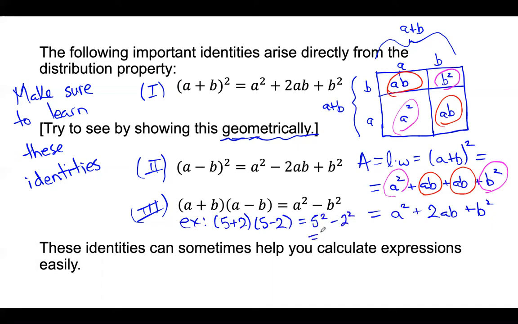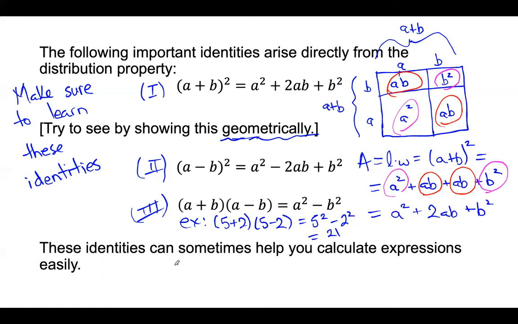So this is 25 minus 4 is 21. Sometimes it's useful to distribute this as well, and we can see the same formula.